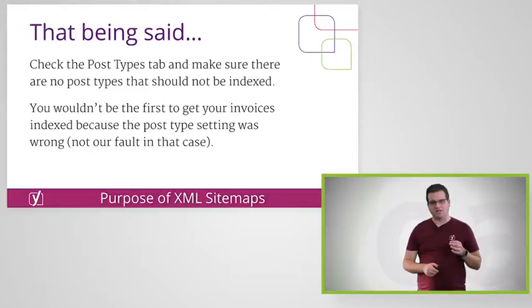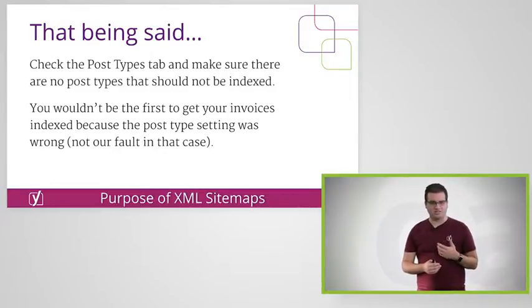So at the same time, you should really check the post types tab of this XML sitemap screen and see whether there are post types there that shouldn't be in the index. You wouldn't be the first that uses an obscure plugin to do invoicing or something else that has post types that aren't meant to be public set to public, and Google would index all your invoices, or Google would index all your client data.